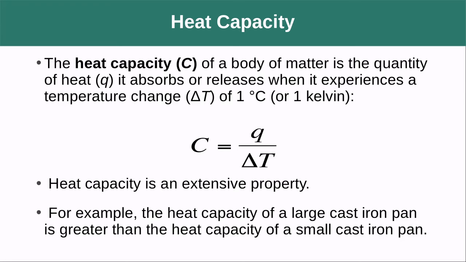As you make the system larger and larger, the heat capacity will also get larger and larger. Now, that's not very useful to us, right? We want a quantity that, regardless of the size of our system, we can apply and know what the heat change is going to be, or calculate the temperature difference, for instance.